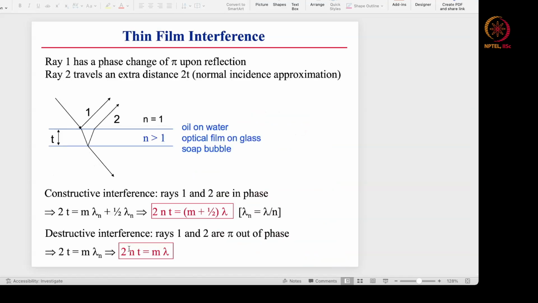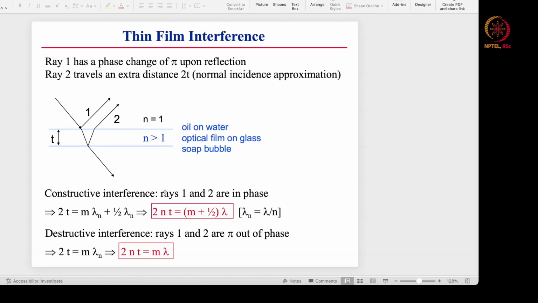For example, here ray 1 has a phase difference of pi upon reflection. Ray 2 travels an extra distance of 2t, under the normal incidence approximation. This is, for example, oil on water, or an optical film on glass, or a soap bubble.